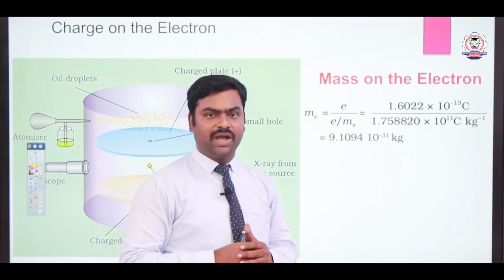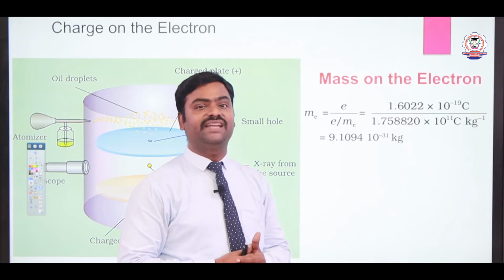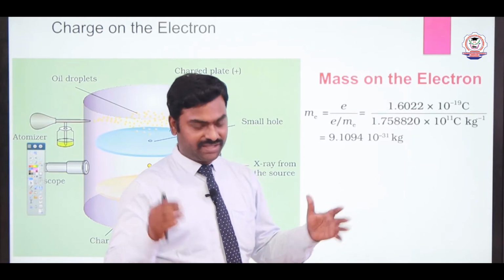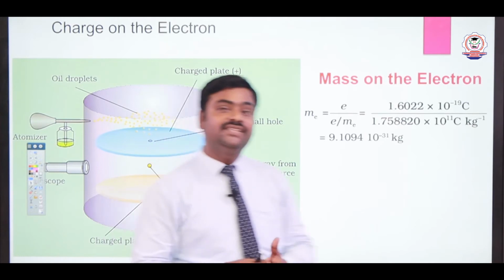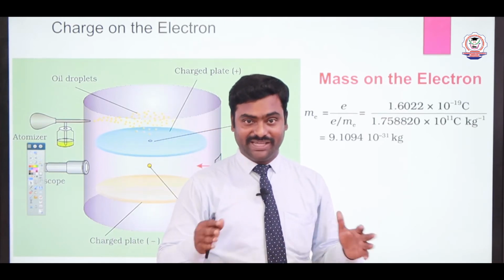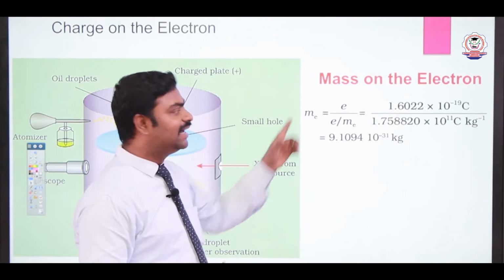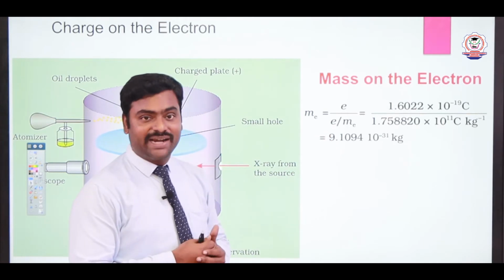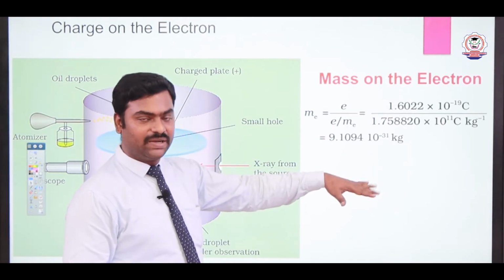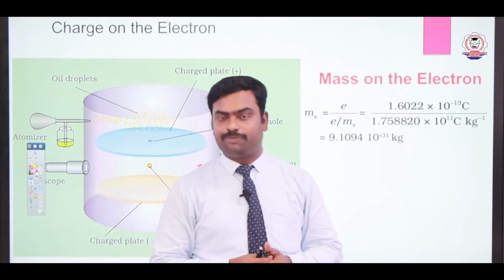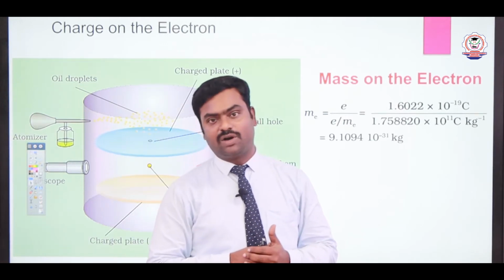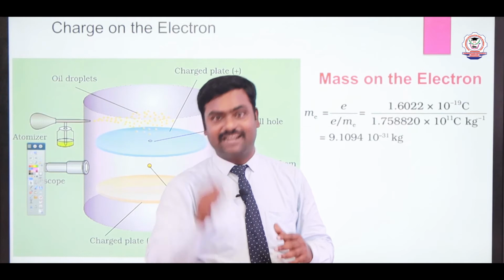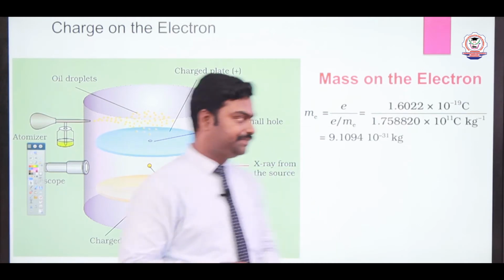That is 1.602 into 10 power minus 19 coulomb. Previously, J.J. Thomson found the value of e by m ratio. So by substituting the e value, he was able to identify the mass also. So after Millikan's experiment, the charge of electron as well as the mass of a single electron was identified.